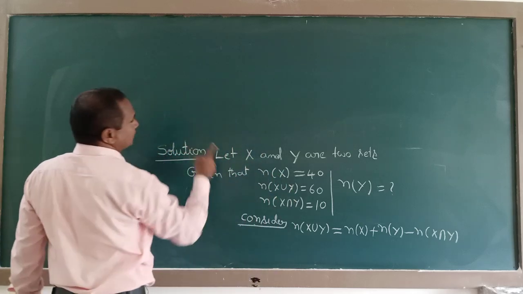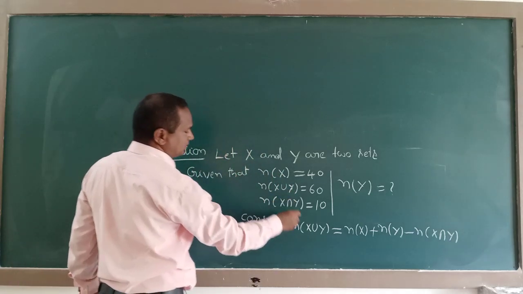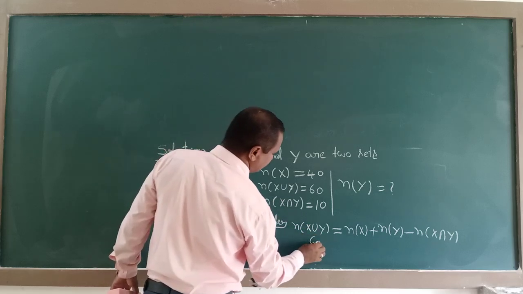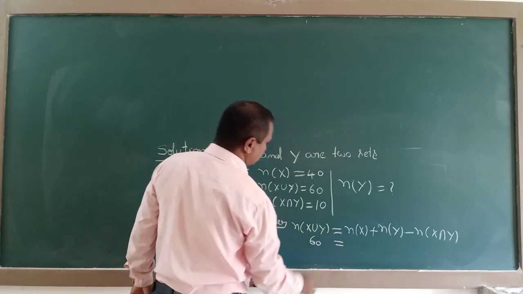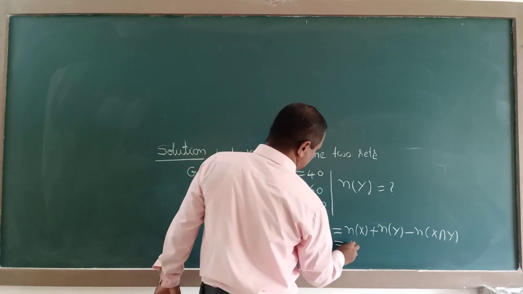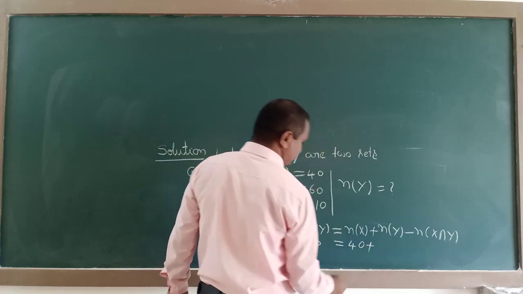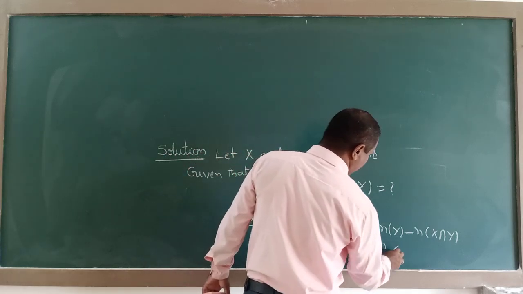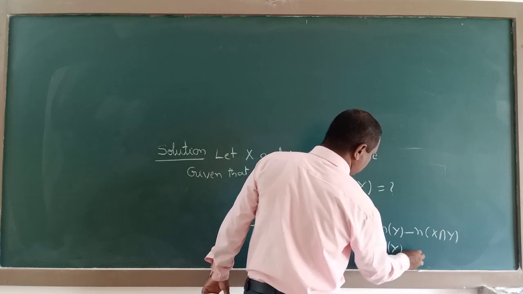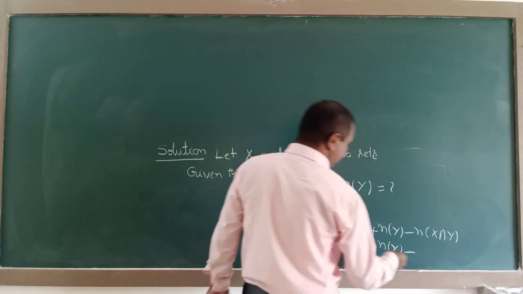n of x union y is 60. Values here only I am writing. Is equal to n of x, which is 40, plus n of y, minus intersection, which is 10 here.